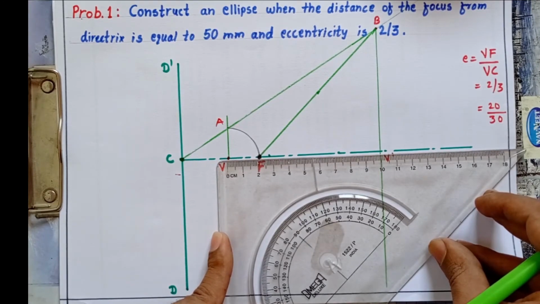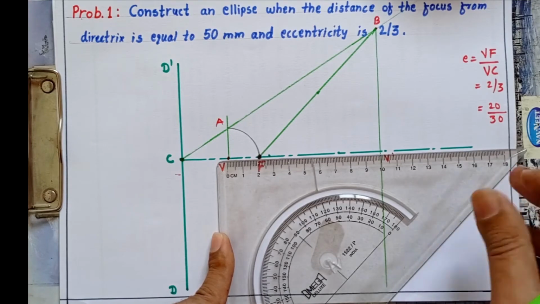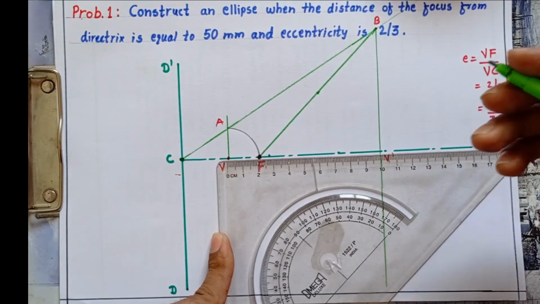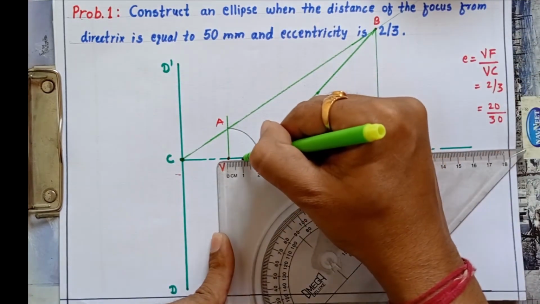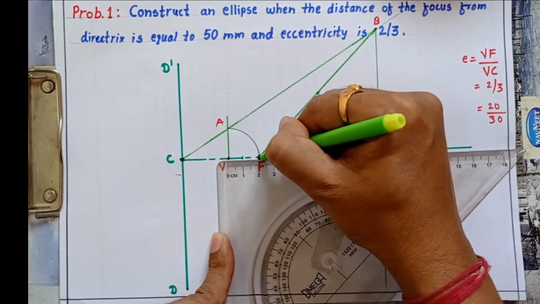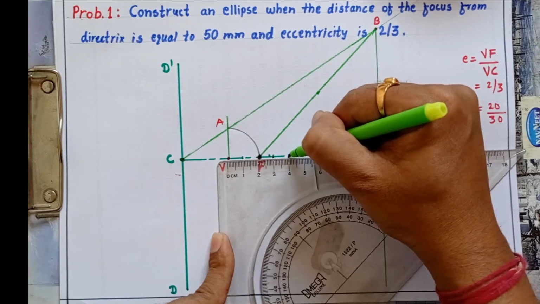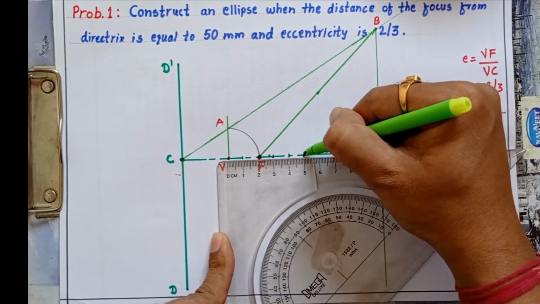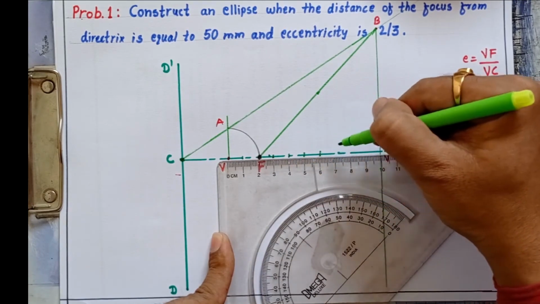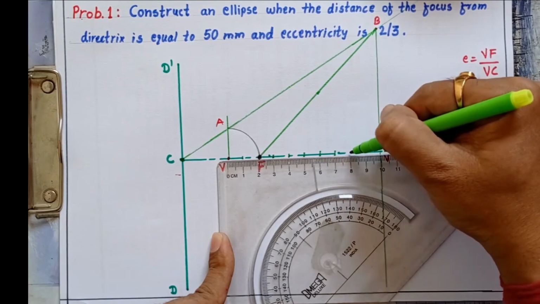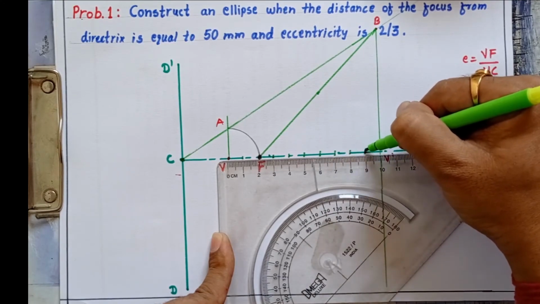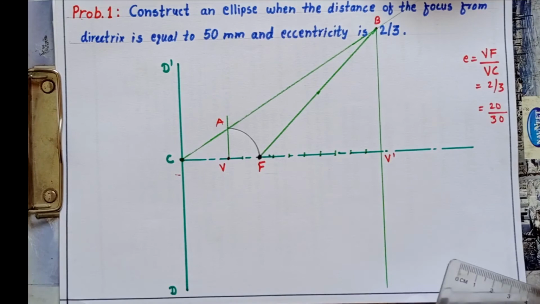Here I am going to divide it into 10 equal parts. So I just mark the points over here: 1, 2, 3, 4, 5, 6, 7, 8, 9, and the last one is V dash.